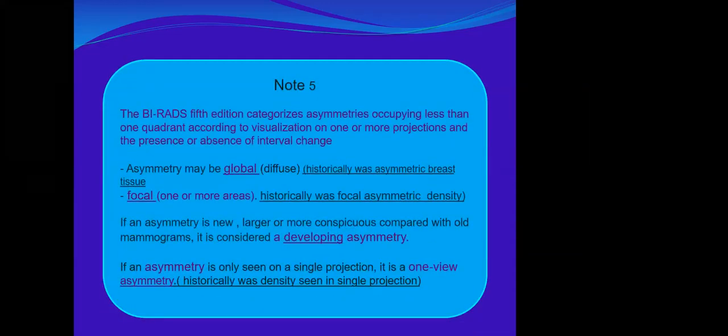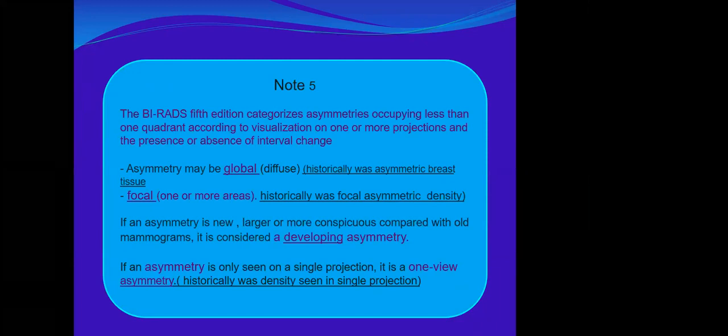The BI-RADS 5th edition characterizes asymmetries occupying less than one quadrant according to visualization on one or more projections and the presence or absence of interval change.